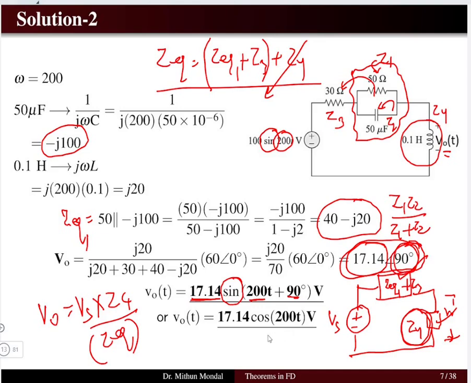Now we can represent this result either in the form of a sine or in the form of a cos, depending upon whether we take full account of this phase angle.